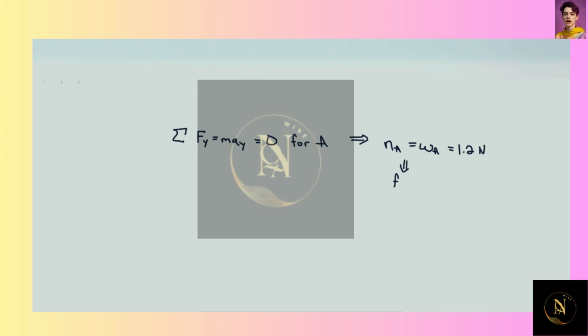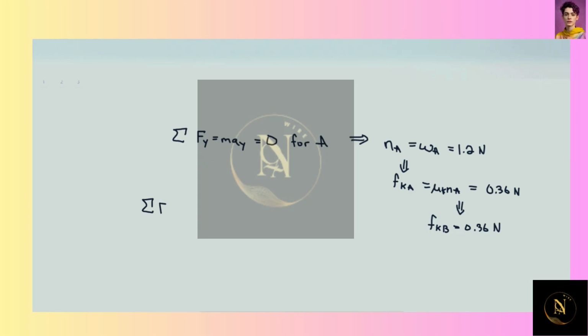This implies that FKA, the friction force, is equal to mu k NA, and then plugging in the values 0.3 and 1.2 here, we get 0.36 newtons for that friction force. Again, this implies that FKB is equal to 0.36 newtons, since they form a Newton's third law pair.